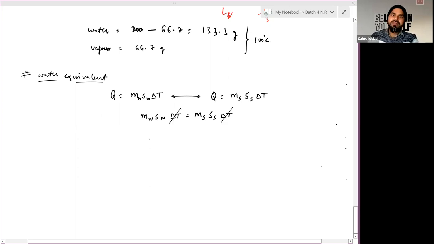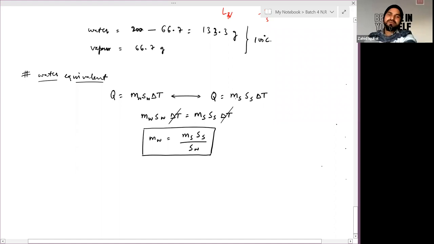If you calculate mass of water using this relation, you will get mass of substance times specific capacity of substance divided by specific capacity of water. This mass, which is equivalent in relation to specific heat of that particular substance, is termed as water equivalent. Is it clear?